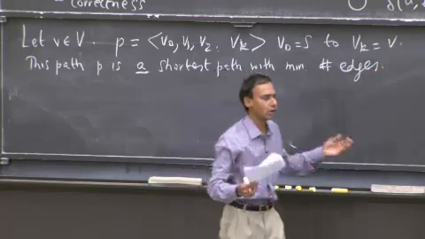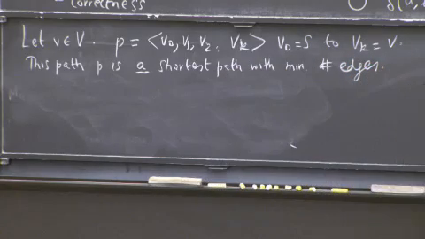Okay, so there may be many shortest paths, and I'm going to pick the one that has the minimum number of edges. If there's a unique shortest path, then that's a given.